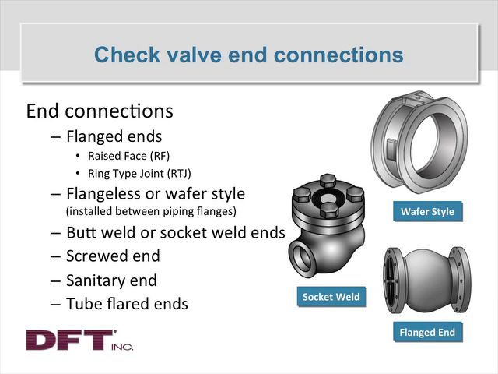Might even find them in pharmaceuticals. There's what's known as a tube flared end, which is for putting these onto smaller, maybe 1 inch or 1.5 inches and smaller type sizes, or that type of piping is called tubing. So we've got numerous different body configurations and even more types of end connections, and you can mix and match them all day long.